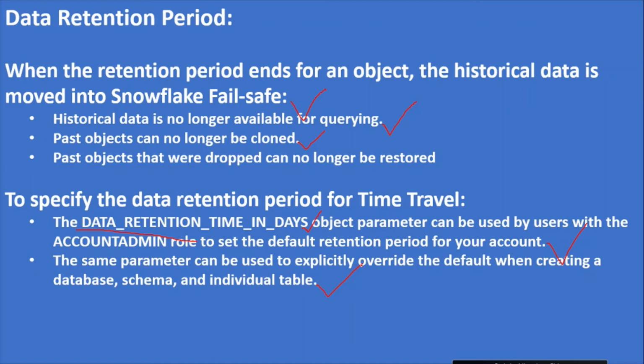Then you can use this DATA_RETENTION_TIME_IN_DAYS parameter while creating the database, or you create the database normally without a time travel period. After creating it, immediately you can alter, or in future also you can enable the time travel period for any object.